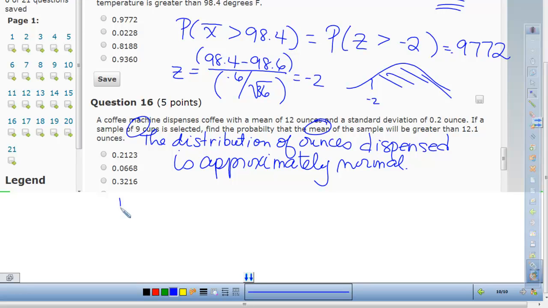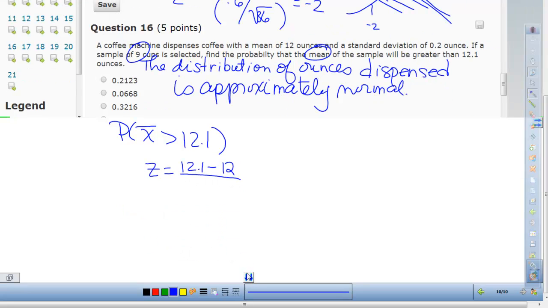So we're interested in the probability that x bar is greater than 12.1. Since we have added this statement about the distribution of ounces being approximately normal, I can go ahead and convert this to a z-score. z equals 12.1 minus my mean of 12 divided by the original standard deviation, 0.2, over the square root of the sample size, so the square root of 9.